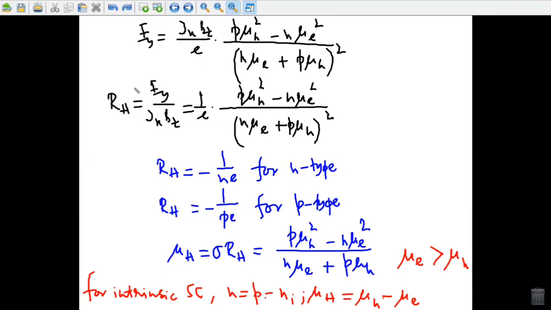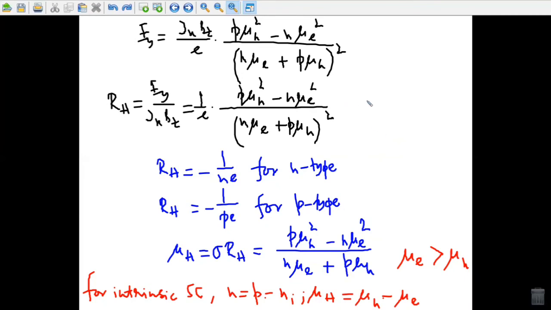Therefore, RH is equal to the ratio of Ey to Jx Bz, which is 1 upon e times ((P mu H square minus N mu E square) divided by (N mu E plus P mu H)) whole thing square. For p and n type semiconductors, this equation for the Hall coefficient reduces to RH is equal to minus 1 upon Ne for n type and RH is equal to 1 upon Pe for p type.